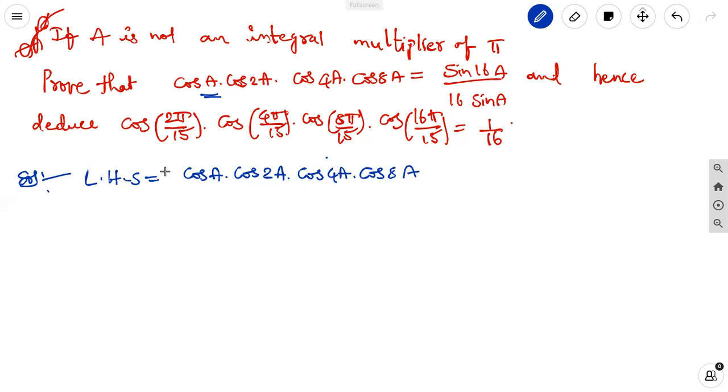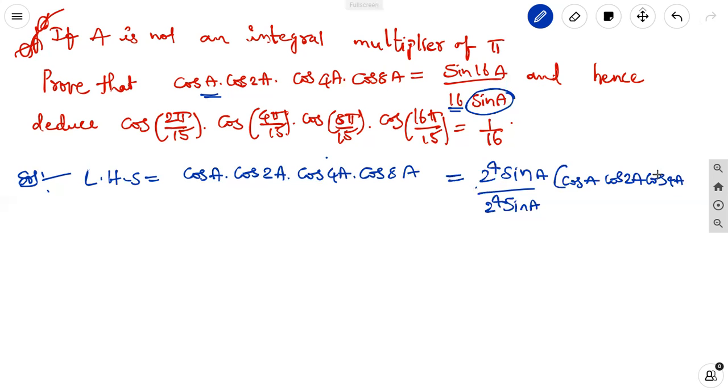We can multiply the numerator and denominator with sin A, since 16 is there. By using this idea, we take 2 power 4 is 16, so we multiply and divide with 2 power 4 sin A, into cos A, cos 2A, cos 4A, cos 8A.